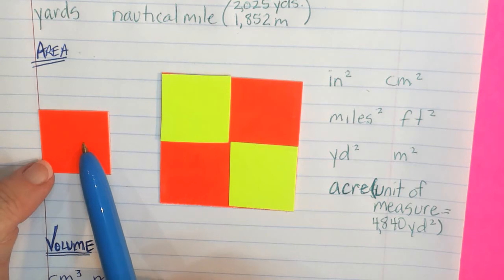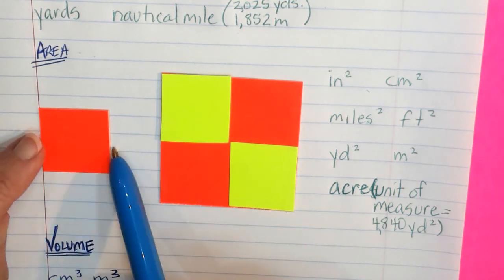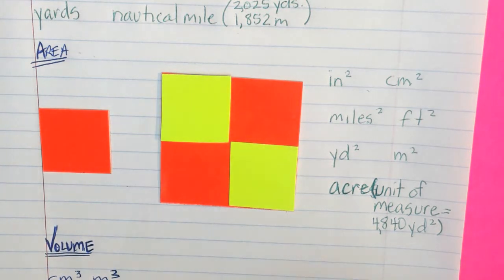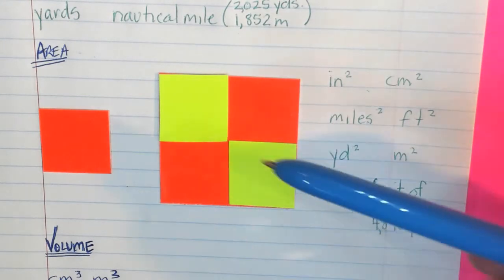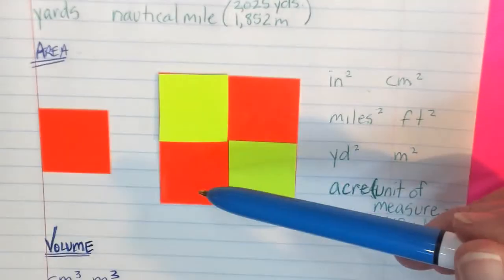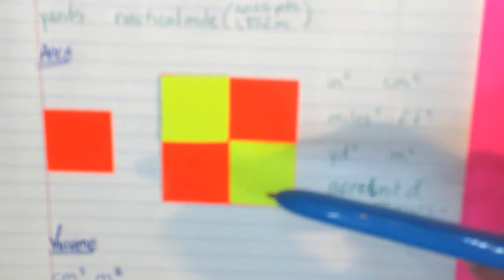So this orange square here is 1 inch by 1 inch, so it is 1 square inch. Over here, I have 2 inches by 2 inches. 2 times 2 is 4. So that means there I have 1, 2, 3, 4 square inches.